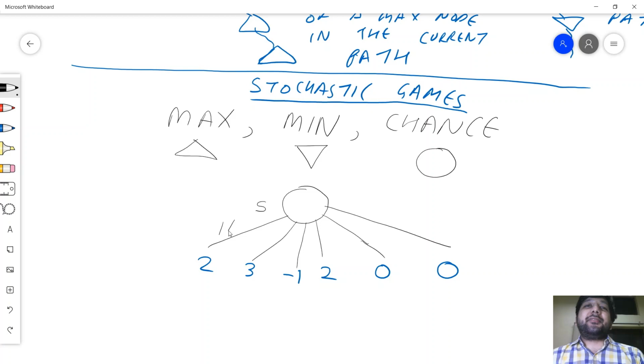So the probability of each of these is 1 by 6. Now I do not know which one of these will get selected. So like last time, there's no direct answer that this is the path or this will be the path.